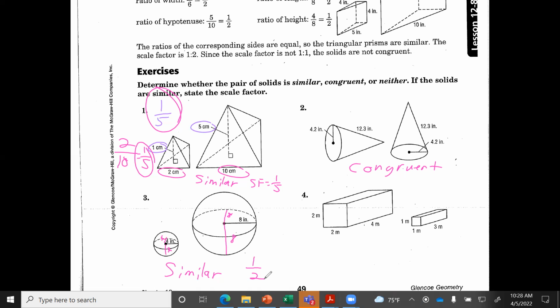Here, if I was to match them up, I have 2 to 1 for the one piece, right? That's 2 to 1. But if I did the other pieces, 4 to 3, are those equal? No, they're not proportional. So they're not similar. These are going to be neither. All right. Moving on to the other page.